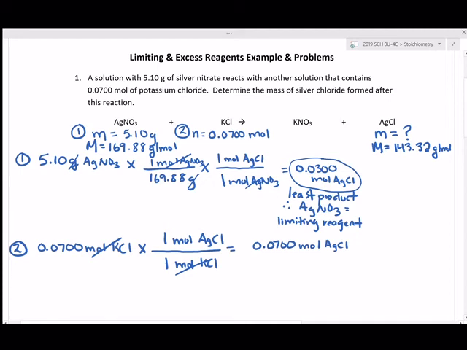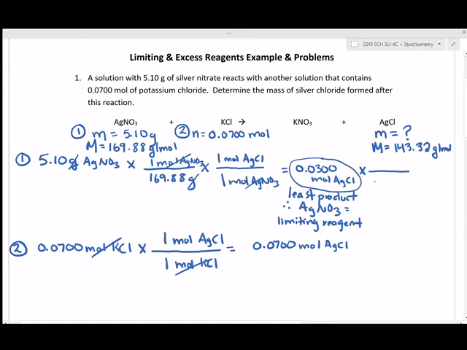Okay? Now, once you've determined that, this other little step was completely just for you checking and being sure, but you will not ever go back and do anything with the potassium chloride information because there's no way we're going to make that much product. So at this point, we're going to just continue our math. So we have moles of silver chloride, but we were actually asked for mass.